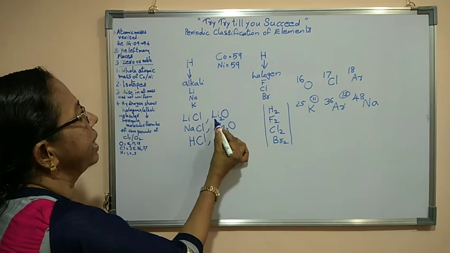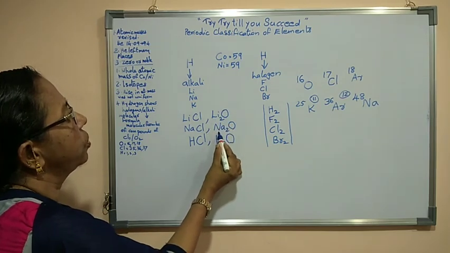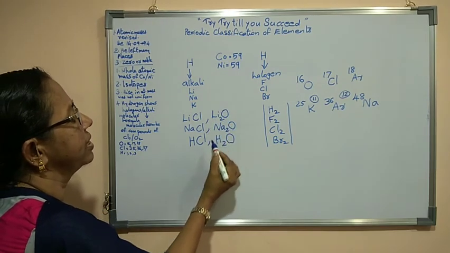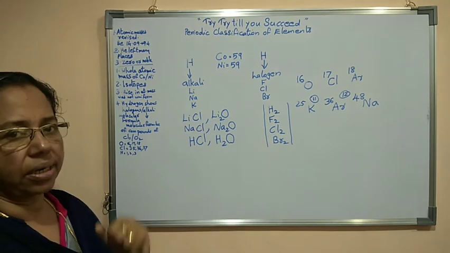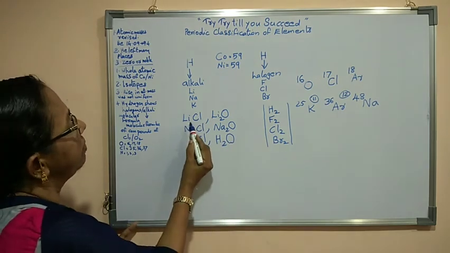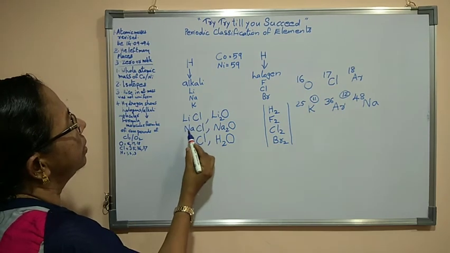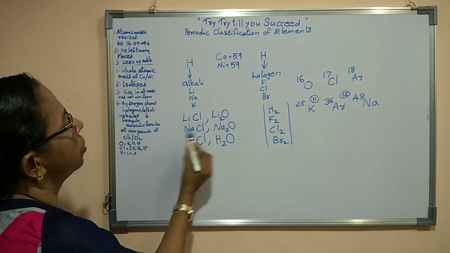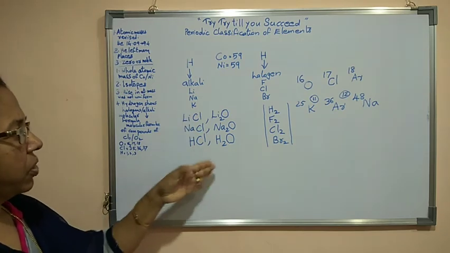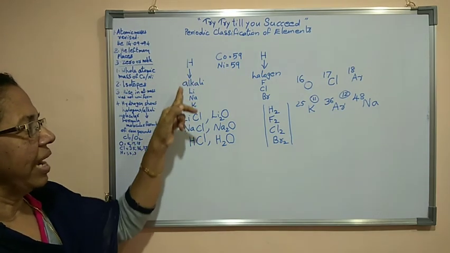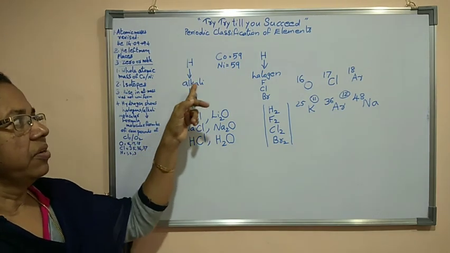Lithium can react with oxygen, lithium oxide. Sodium can react with oxygen, sodium oxide. Hydrogen can react with oxygen, hydrogen oxide, or we can say water forming. Lithium reacts with chlorine, lithium chloride. Sodium, sodium chloride. Even hydrogen has the same character as them. Because of that, hydrogen shows similarity with the alkali metals.